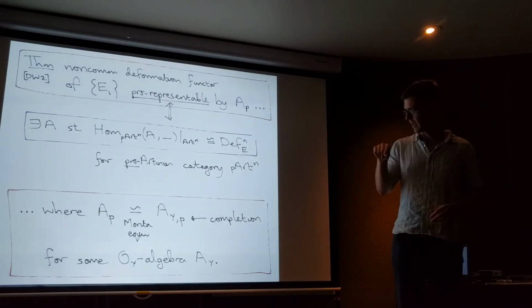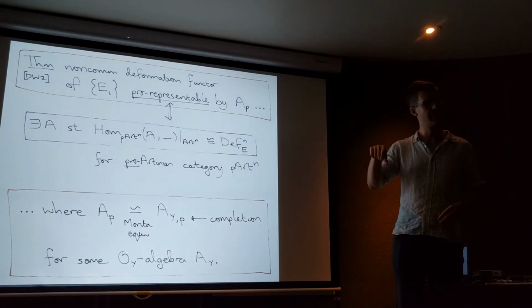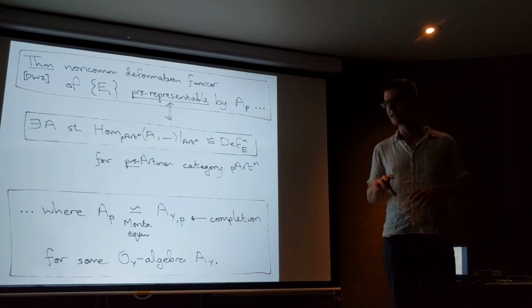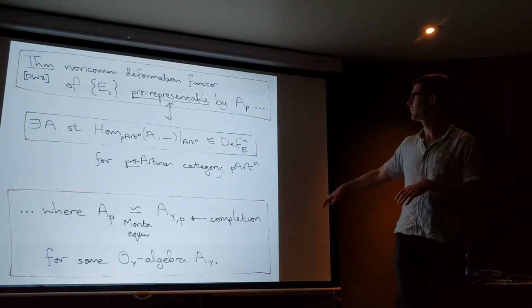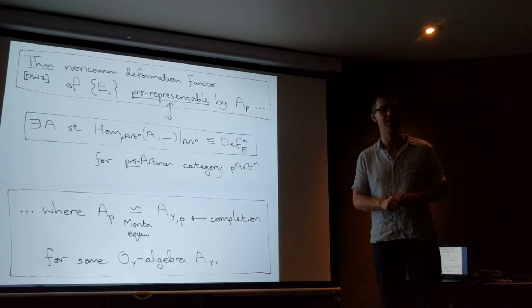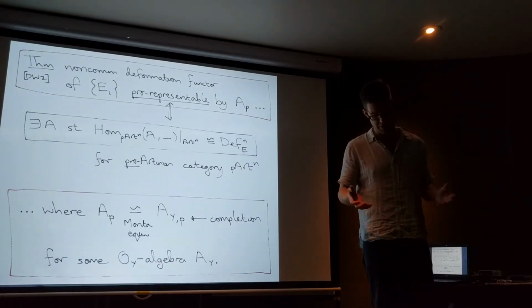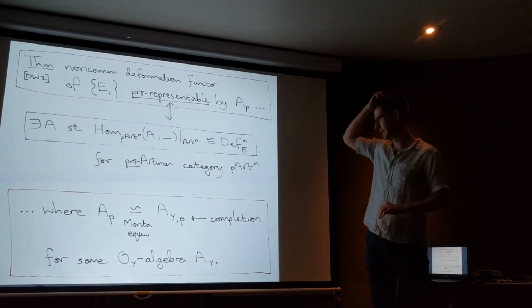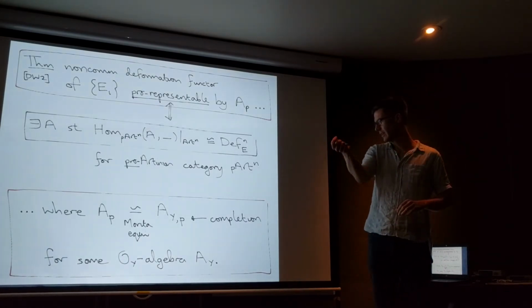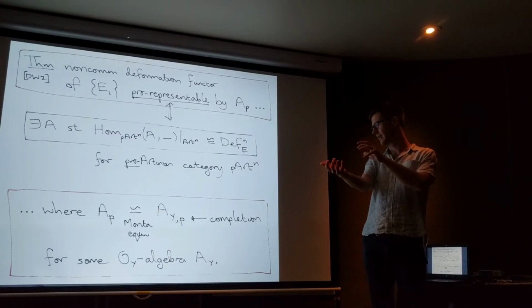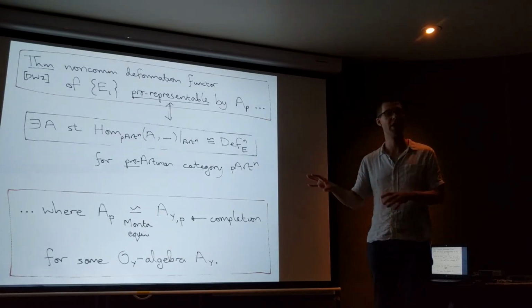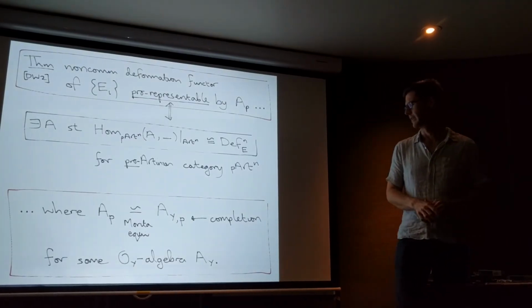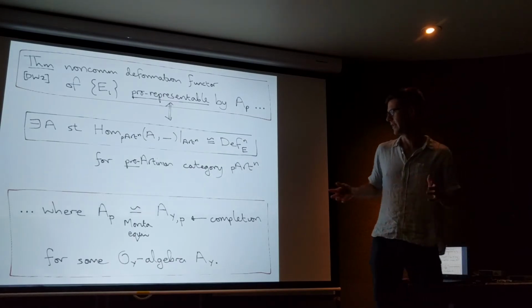And if I complete at my point P, that gives me back the pro-representing object for the non-commutative deformation. So it puts together all the deformations of the fibers into one object, such that if I localize at P, it gives me back a non-commutative deformation algebra, but only up to Morita equivalence. That's a feature of this theory.